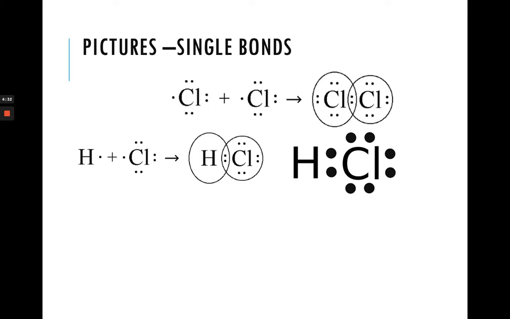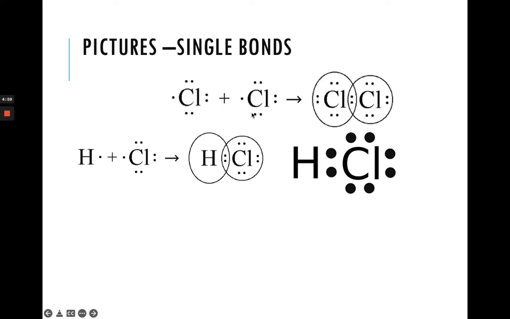Let me give you a couple of pictures. Please just look at these right now, and then we'll go into the rules. This is the Lewis dot diagram showing the formation of some single bonded molecules. The first one you can see here is the bond between 2 chlorine atoms.